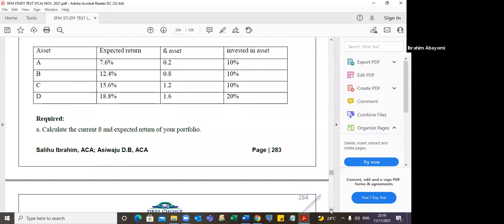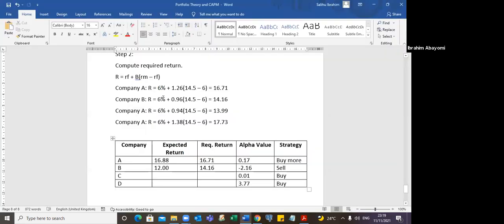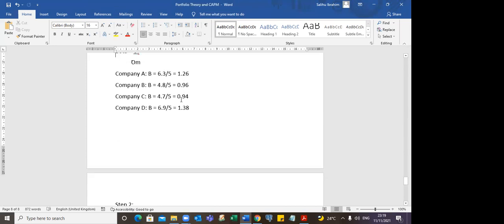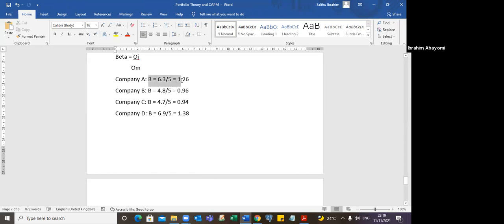Now, let me show you the difference between the requirement of this question and the one we just did. What we computed in the question we just finished was the beta of the individual security.